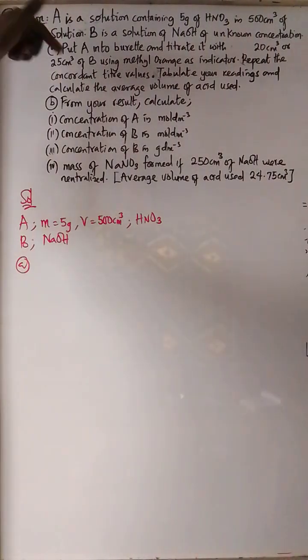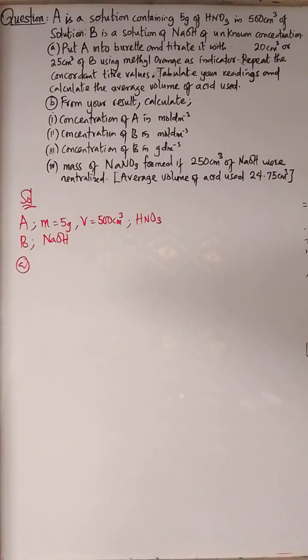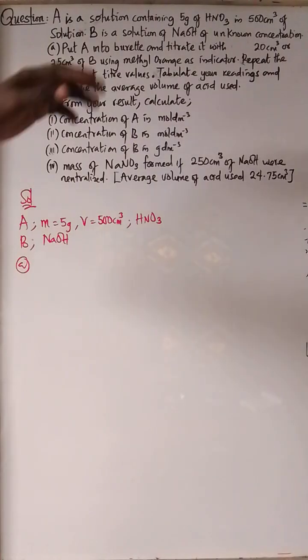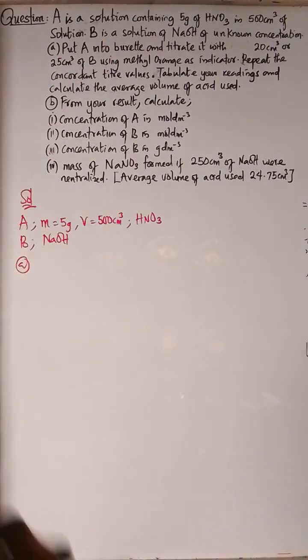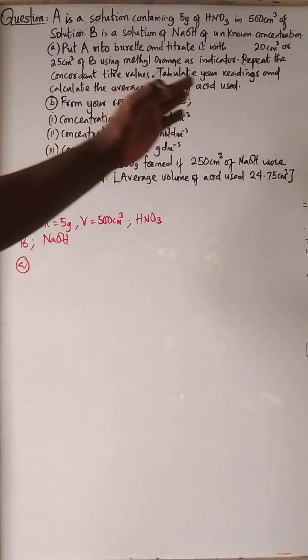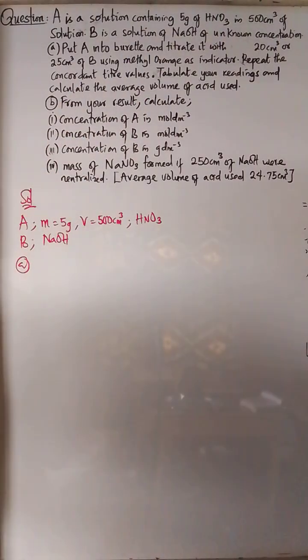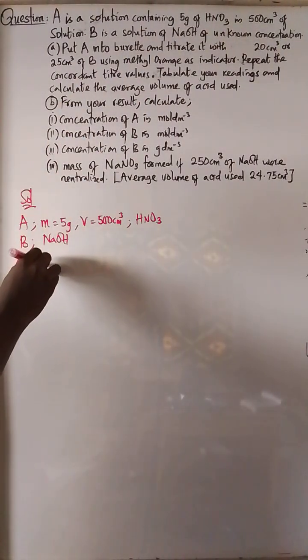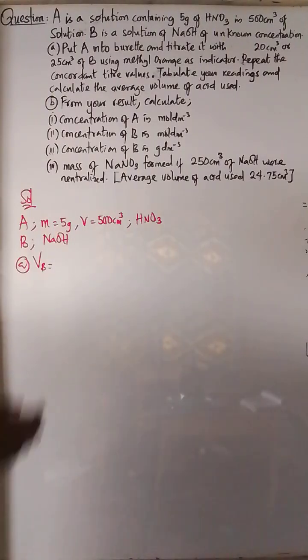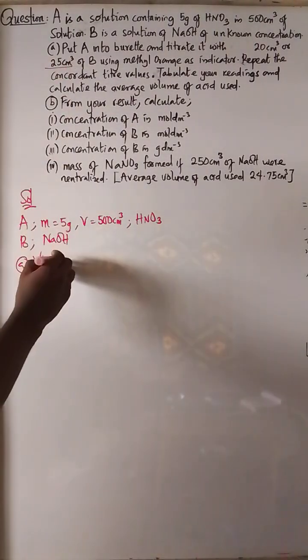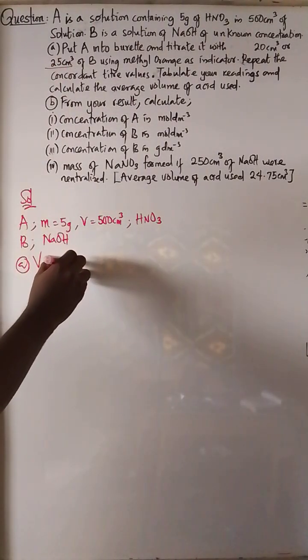So we are told to put A inside the burette and titrate it with 20 cm3 or 25 cm3 of B. In order to measure the volume of B, we use what is called a pipette. The volume of a pipette is either 20 or 25, which is going to be the volume of the base. Let me call it VB. For the purpose of this question, let's assume we are using 25 for the volume of the base.